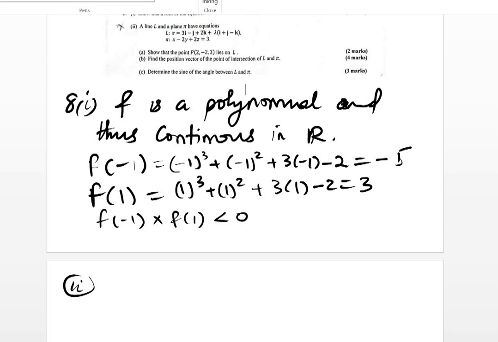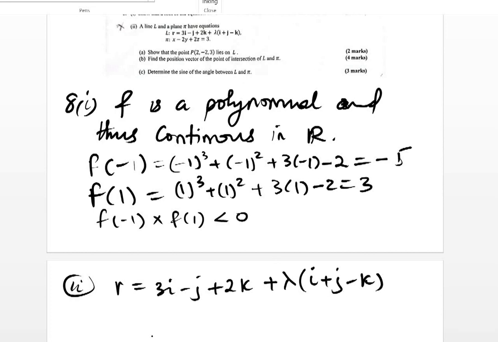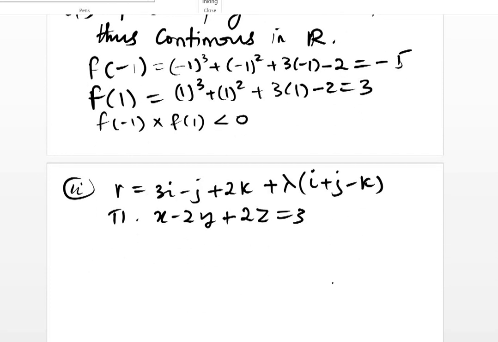Since that one is the vector equation, r is 3i minus j plus 2k plus lambda (i plus j minus k). Okay, let me just copy pi. The plane is x minus 2y plus 2z is equal to 3. Show that 2, negative 2, 3 lies on that line.